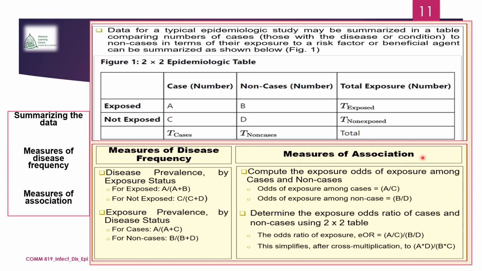Another important measure that we can deduce from this table is measure of association. We want to associate the exposure to the outcome, whether the association is strong or weak. Based on this, you compute the odds of exposure among cases and non-cases.